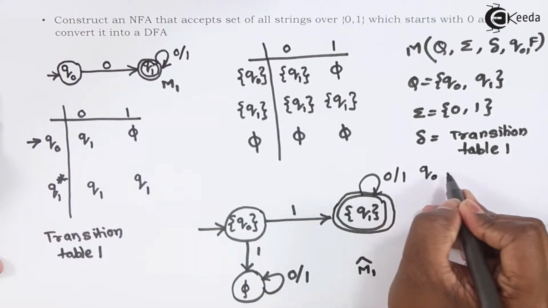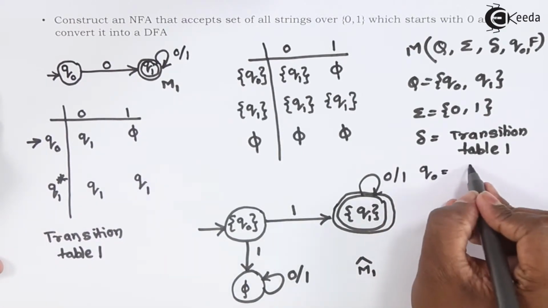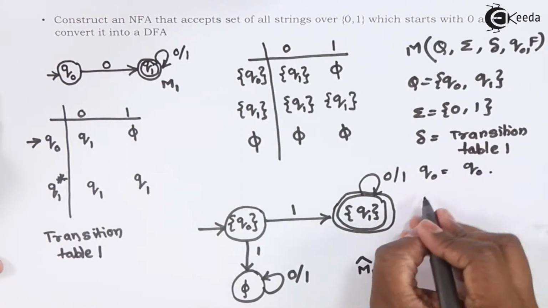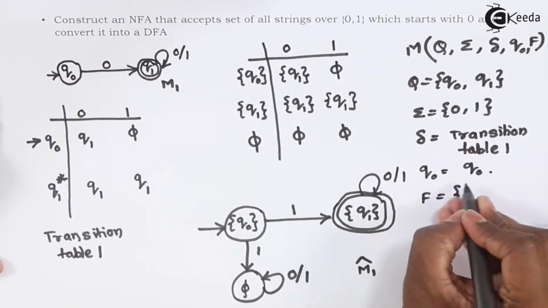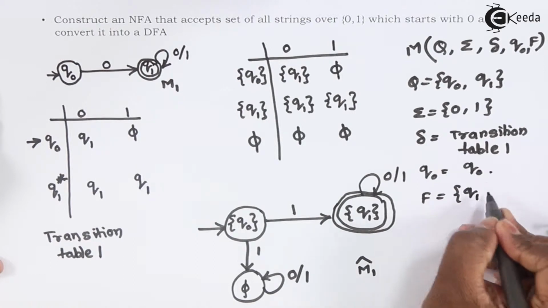Q naught is again the initial state, here we have Q0 only. And F is the final state which contains only Q1.